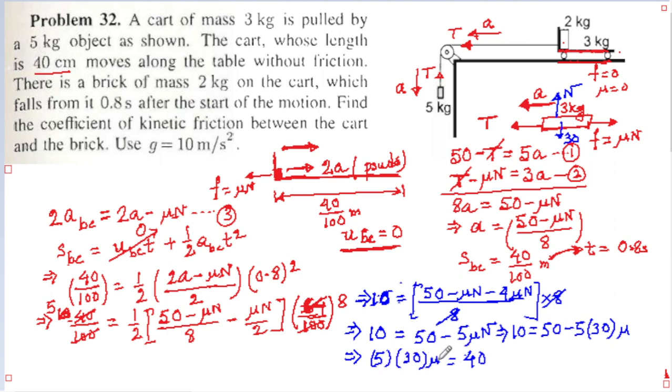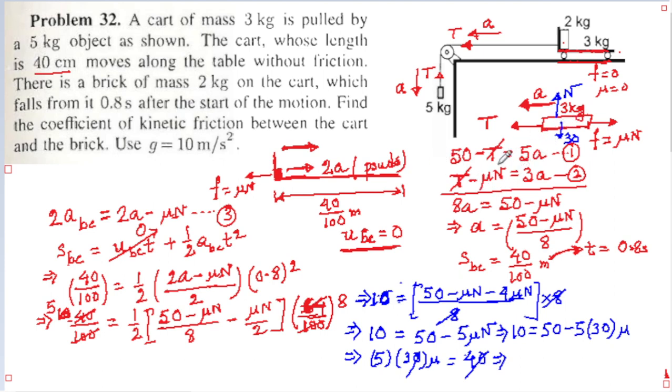Then we can cancel the 0 and 0, and the value of mu will be 15 divided by, or if we simplify, the value of n.